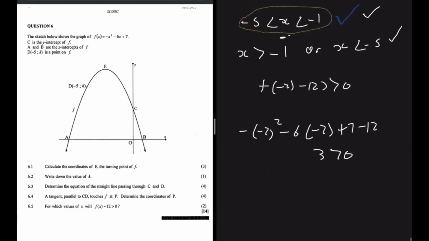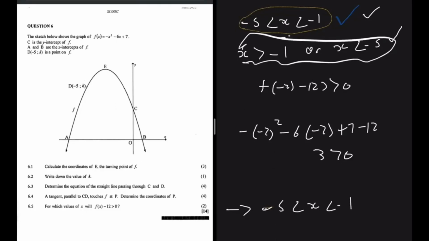So our first probable solution is the true one. So we're going to say that x lies between minus 5 and minus 1. If we got a negative value, we're going to know that it's not true, so it's the other possible scenario.